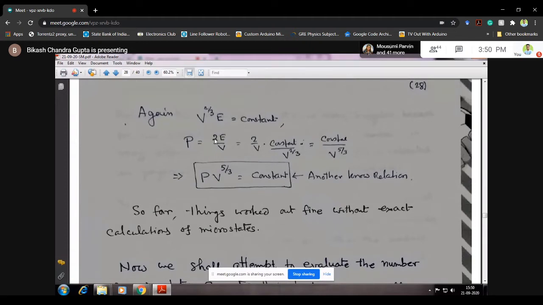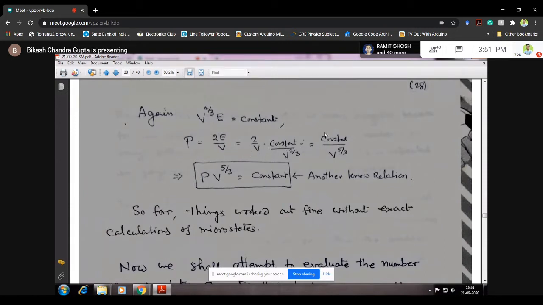Then you know that E is constant times V to the power -2/3, or constant by V to the power 2/3. If you put it here, then it will be 2 by 3V into constant by V to the power 2/3. That will equal a constant, because 2 is constant, this is constant, 3 is also constant.